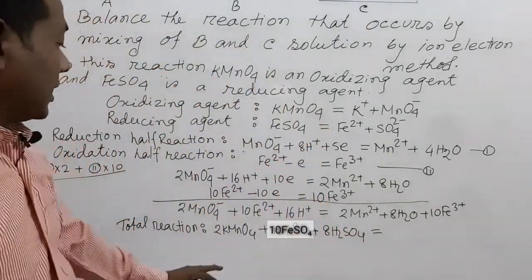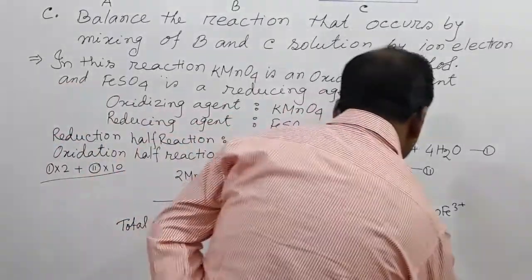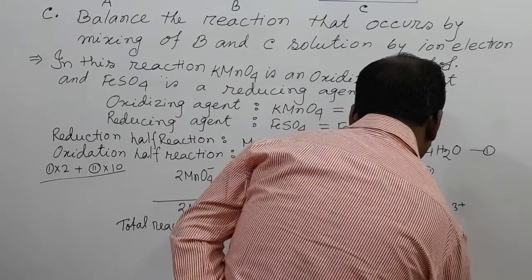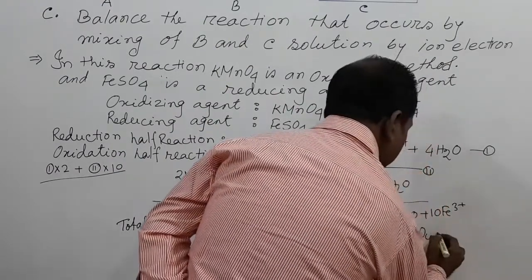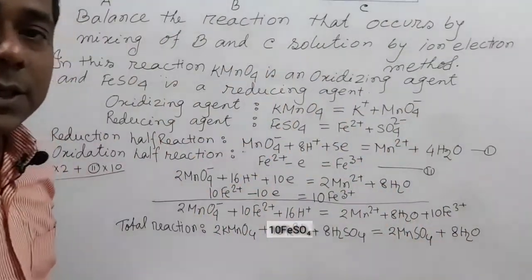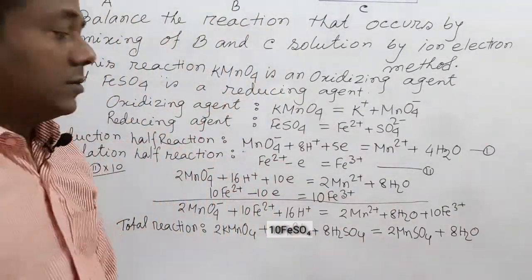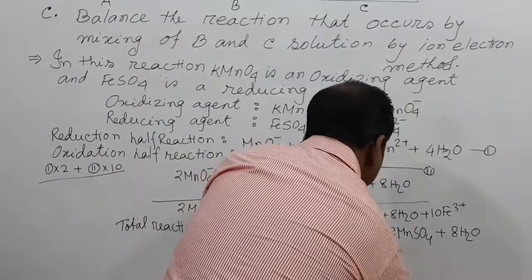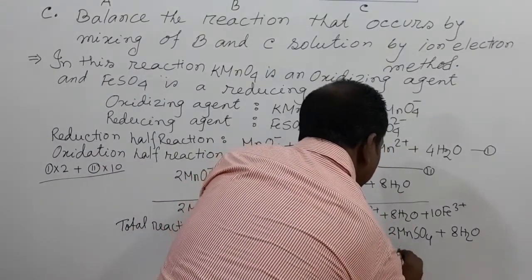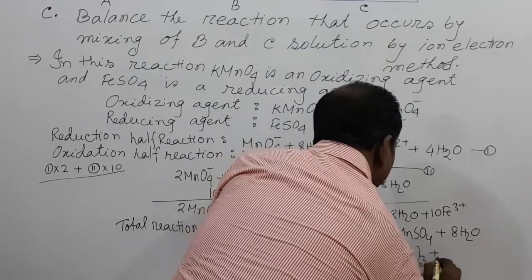Now this sulfate ion reacts with manganese ion, and we get 2 manganese sulfate plus 8H2O, and if the ferric ion reacts with sulfate ion, then we get ferric sulfate, so we write 5Fe2(SO4)3.